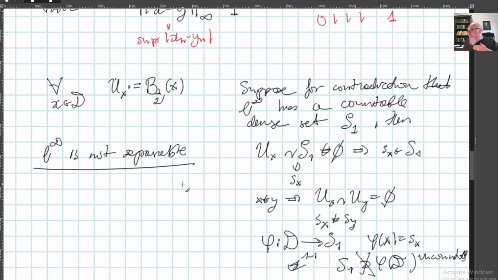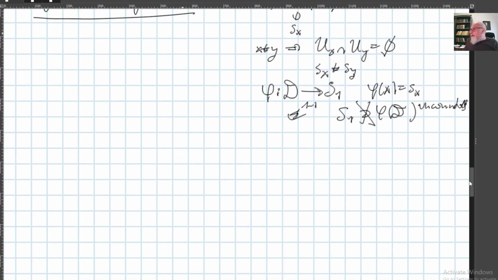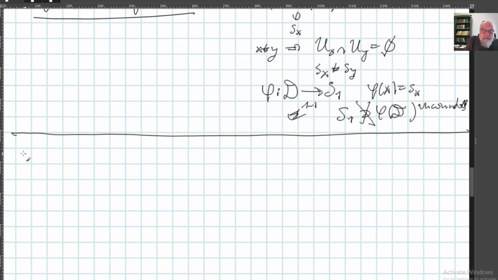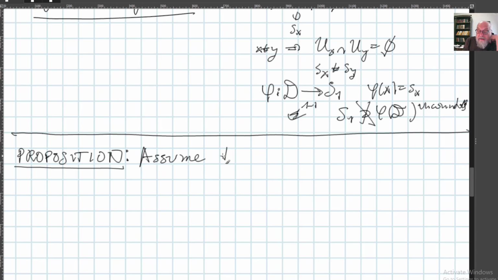So that's basically this statement, and let's go to one of the conclusions from our theorem. Let me write it down as a proposition: separability and reflexivity go together. In our case, that means assume that E is a Banach space.